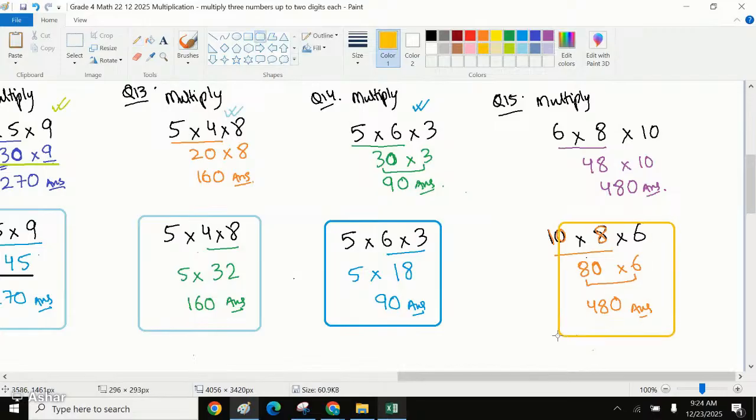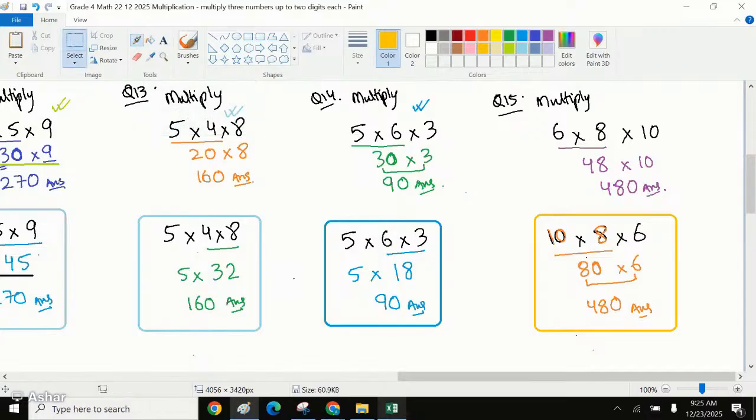So up till now, what we have learned is that irrespective of the order of multiplication, we just need to remember that we need to multiply all the numbers. All the numbers have to be multiplied. Okay. So let's see what else we have. Let's move to the next question.